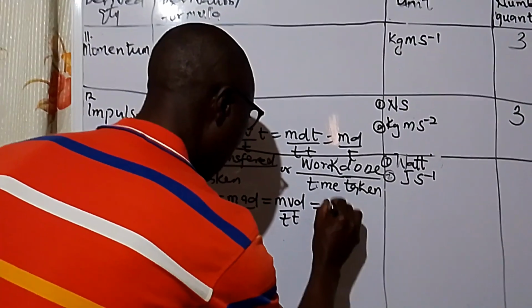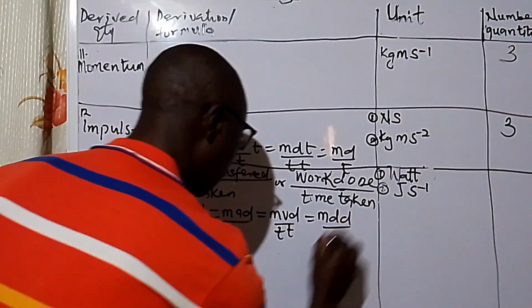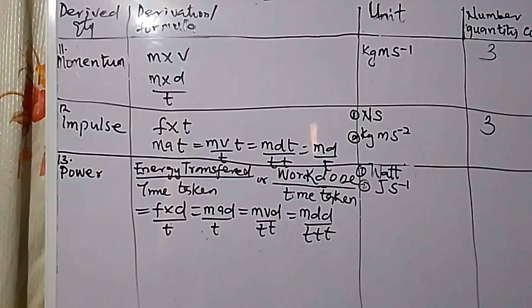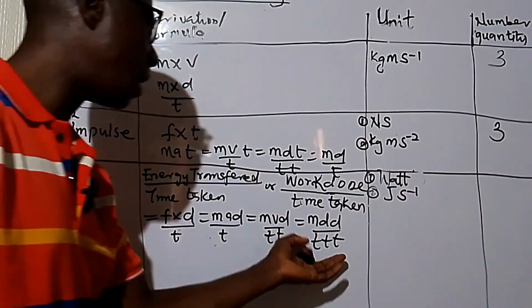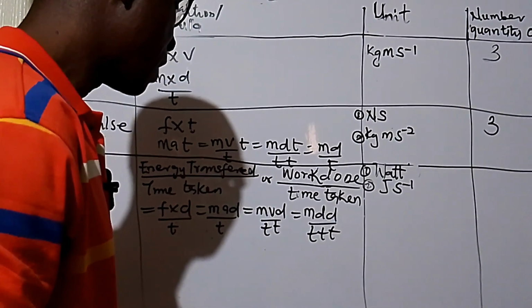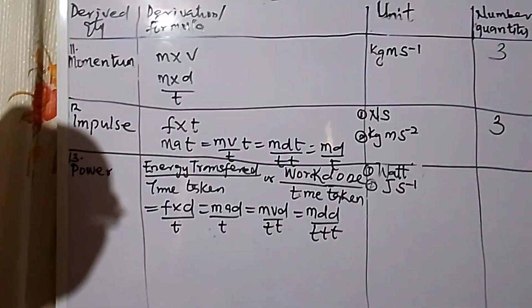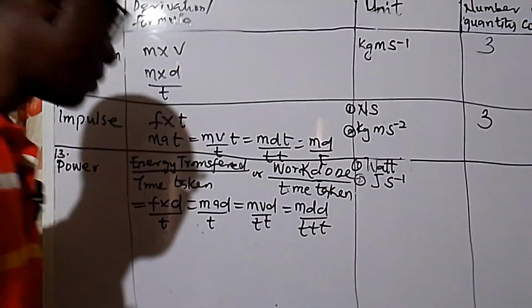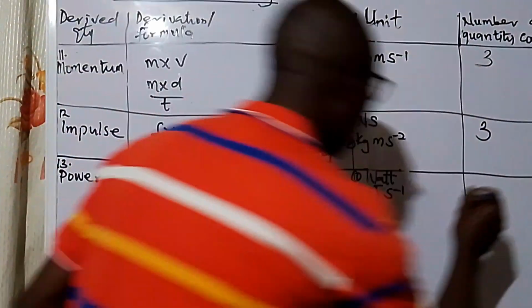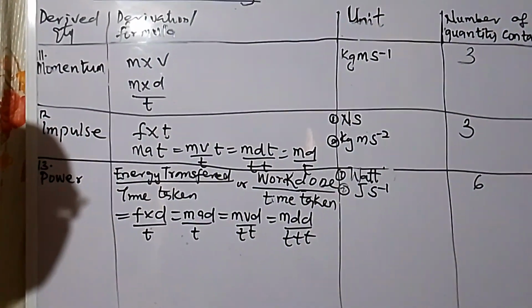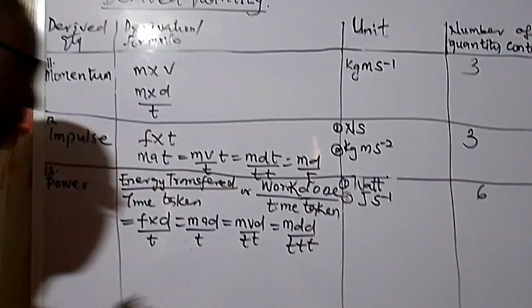That will be MDD over TTT. Now, all these are fundamental. Then we can get the number of quantities for power, which is 6, making 6 quantities.